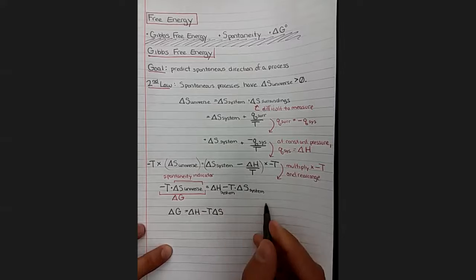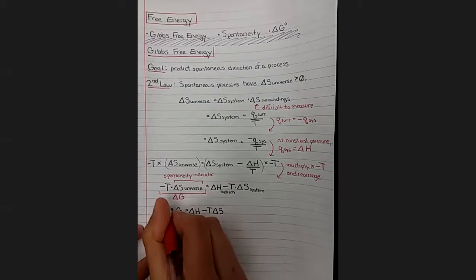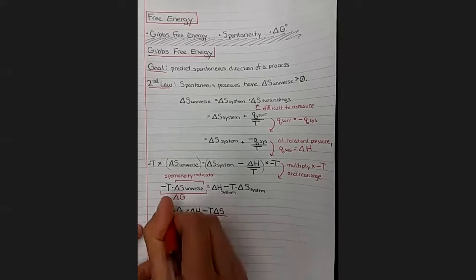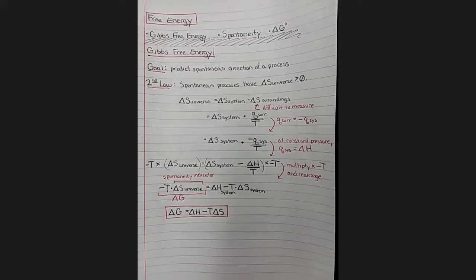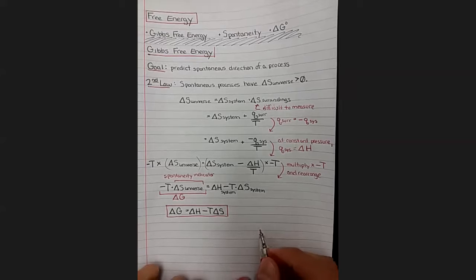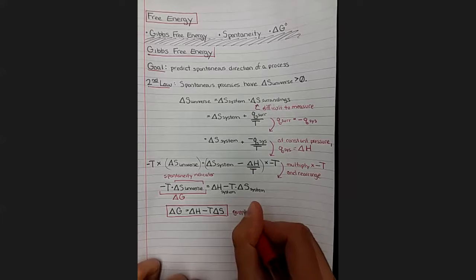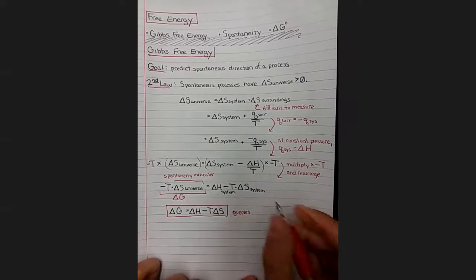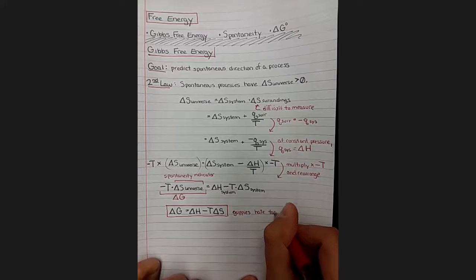And at this point, we stop writing of the system and we just write it like this. And this is one of the most important formulas that you will encounter in thermodynamics. And because of that, it has to have a dopey acronym to help you remember it. So the dopey acronym that I was taught as a Lawrence student is Guppies hate tartar sauce.